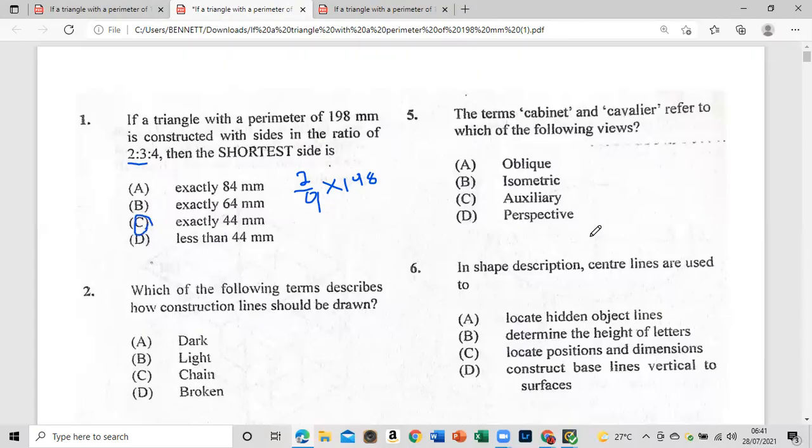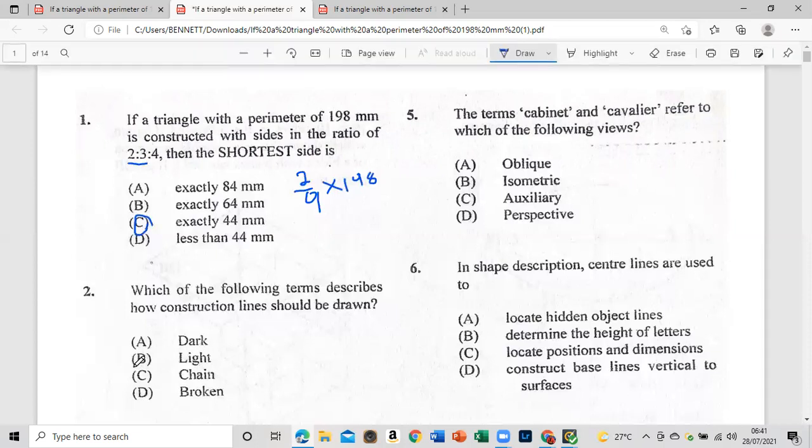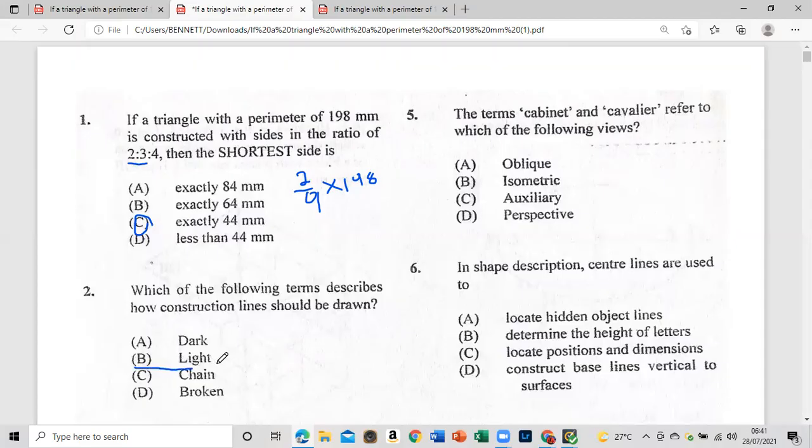All right, let's move on to 2. Which of the following terms describes how construction lines should be drawn? And that is light. We're not going to spend a lot of time because it's pretty straightforward so far. Construction lines must be very light.